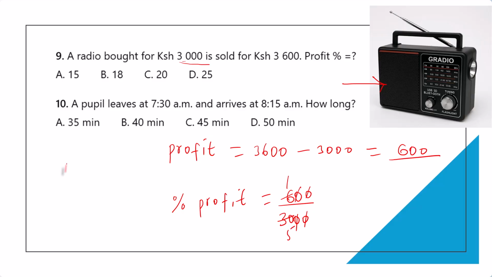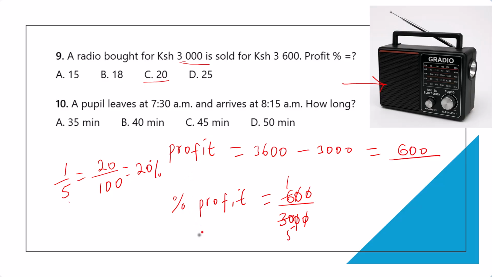So the fraction is 1/5. We can change this to a percentage by changing the bottom number to 100. So think about how to change 5 to 100 by multiplying. You should have times by 20. So you times that by 20, and the answer is going to be 20%. That's how much profit he made. So 20% of this is 600.